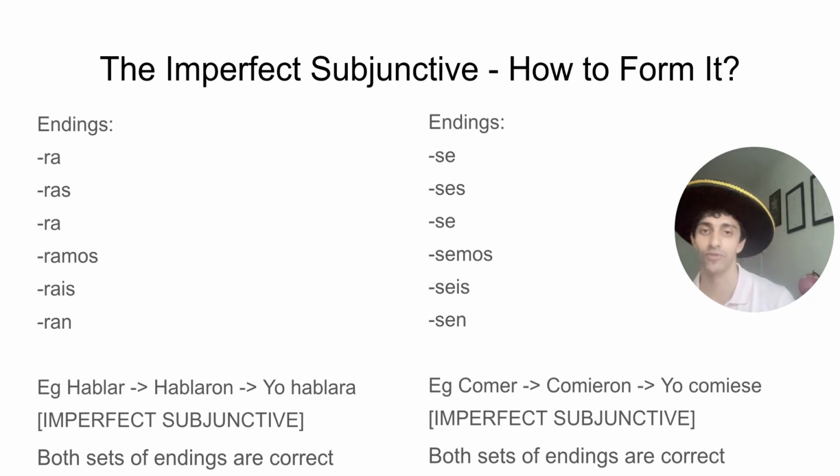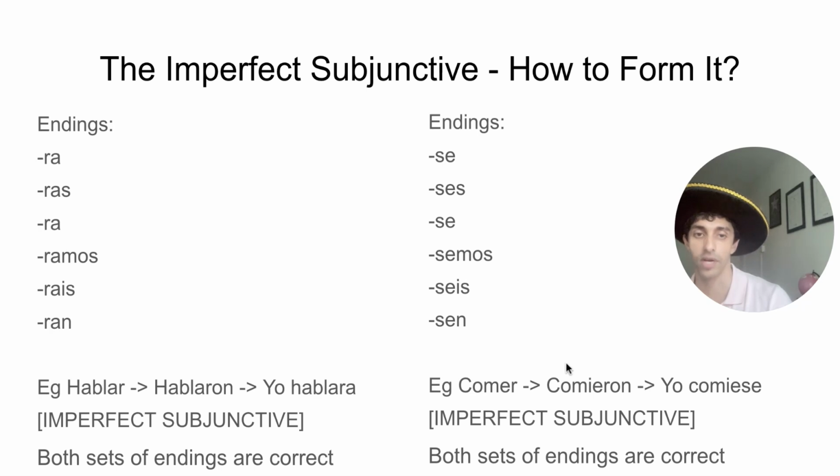On the right-hand side, we've got an alternative set of endings, se, ses, se, semos, seis, sen. And I've used the verb comer as an example here. So comer, what is the they form of the preterite tense? It's comieron, which means they ate in English. You take away the ron ending again, and then you'd add the correct imperfect subjunctive ending instead.